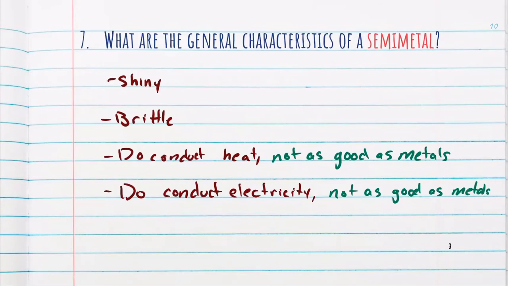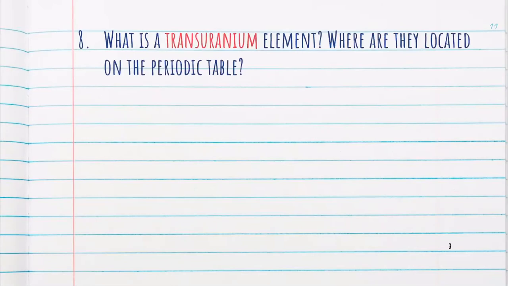Moving on to the next question. Number 8 asks, what is a transuranium element and where are they on the periodic table? Well, fun fact, element number 92, uranium, is the last element found in nature, so found naturally. So transuranium elements are all of the man-made elements.